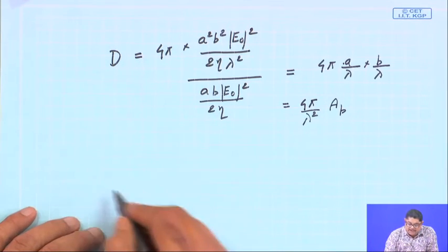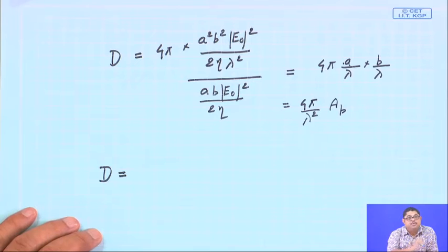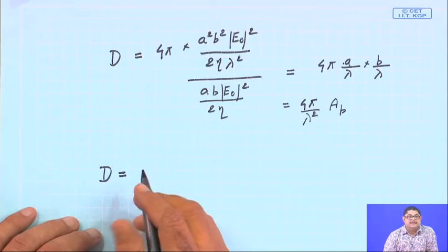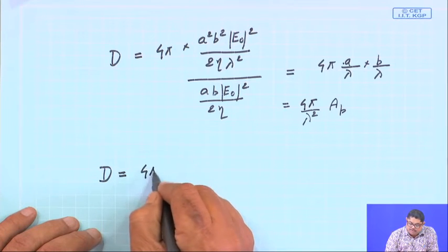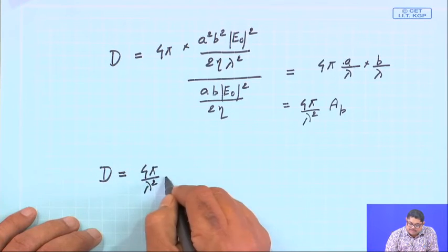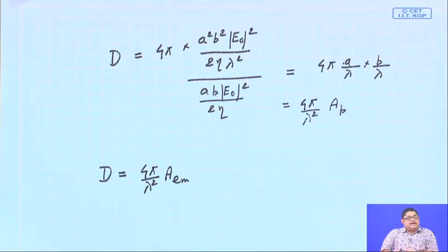Also, we have proved that for any antenna, D can be written as 4 pi by lambda square into the maximum effective area.